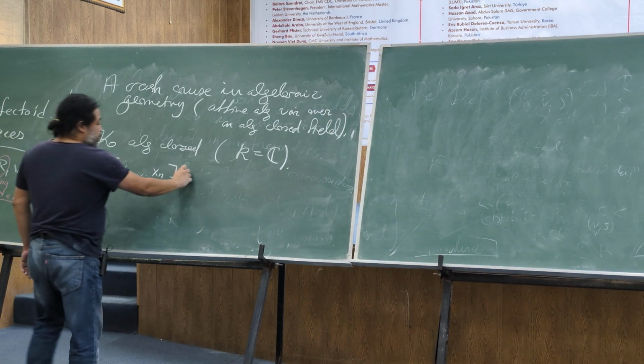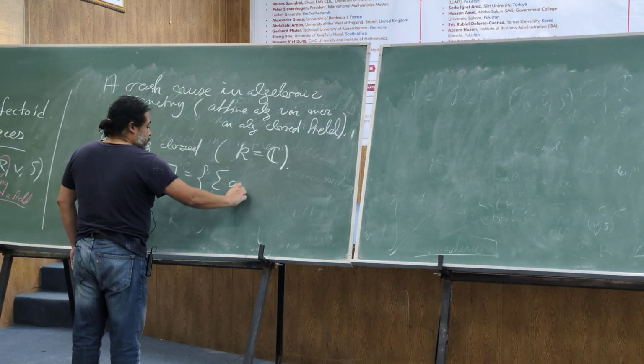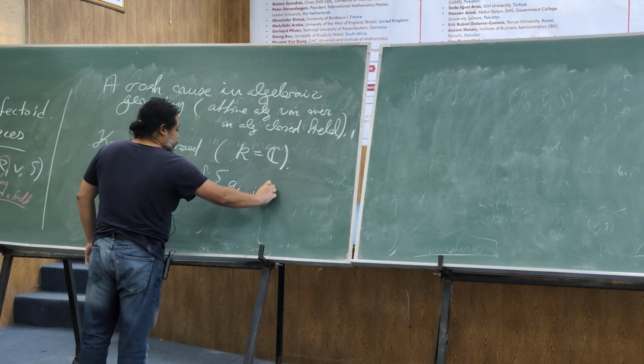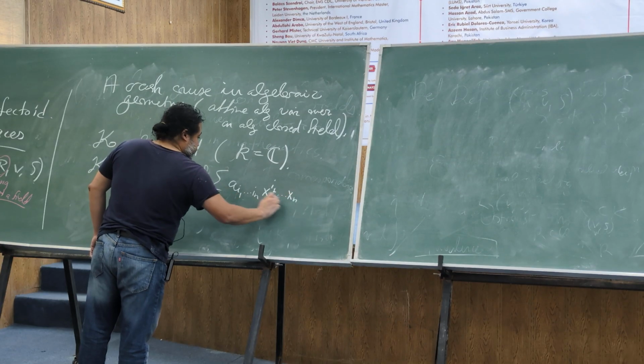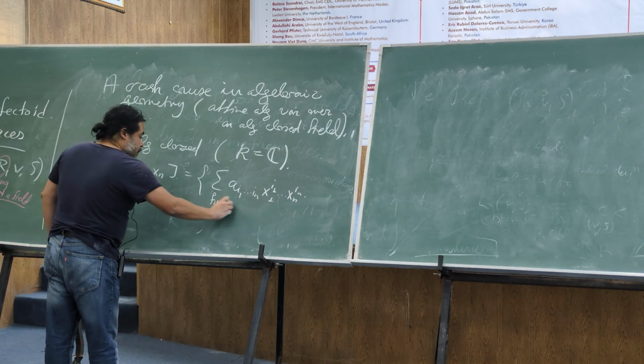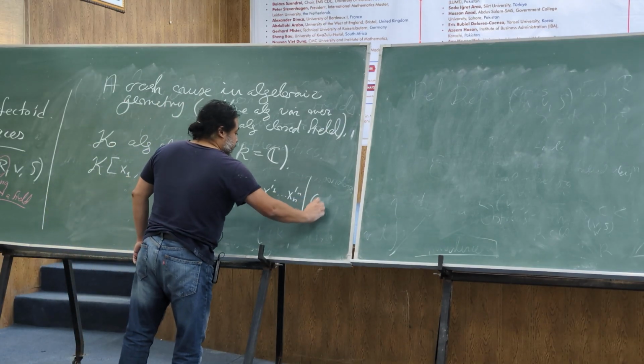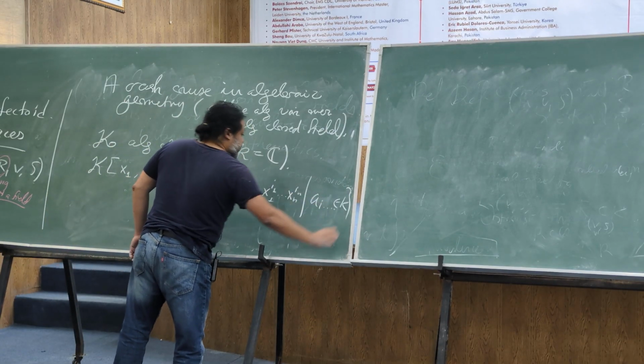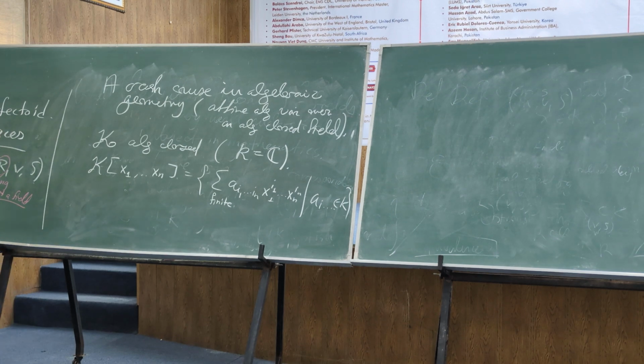These are formal sums such that these a_i are in K. This is a ring. You can sum polynomials term by term, and multiply everyone versus everyone. And now let me take a family of polynomials.